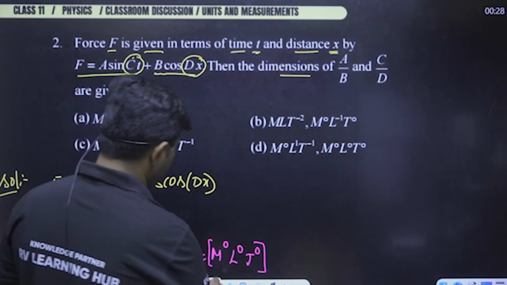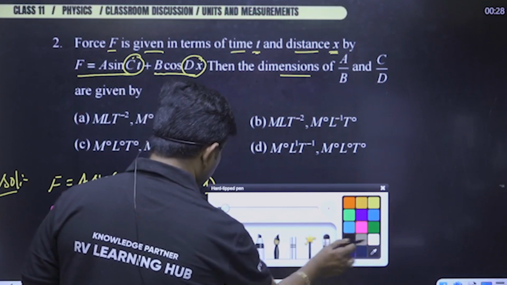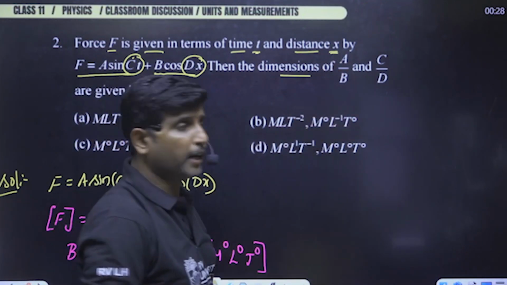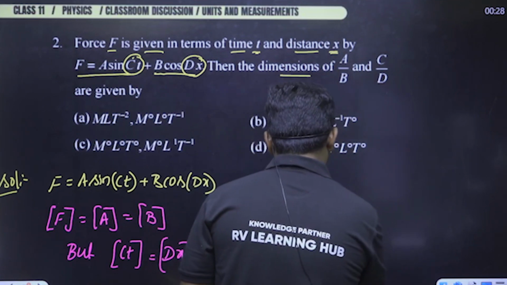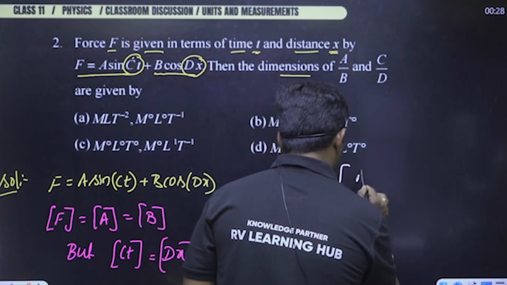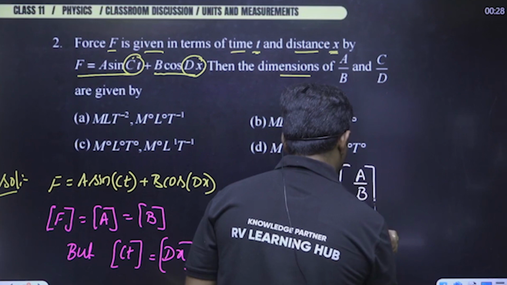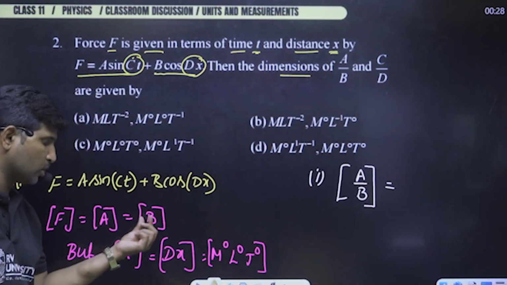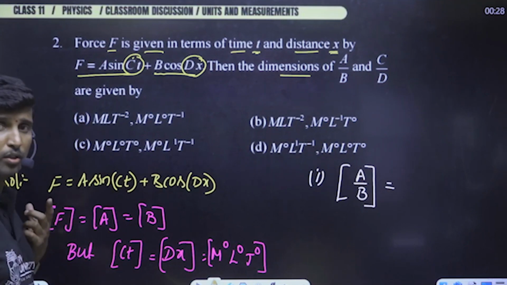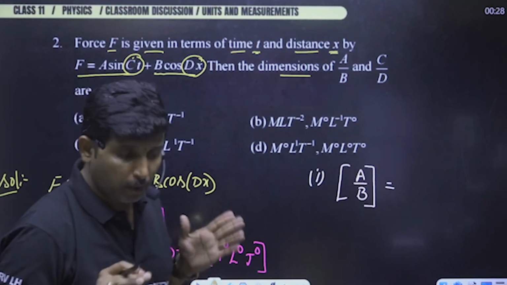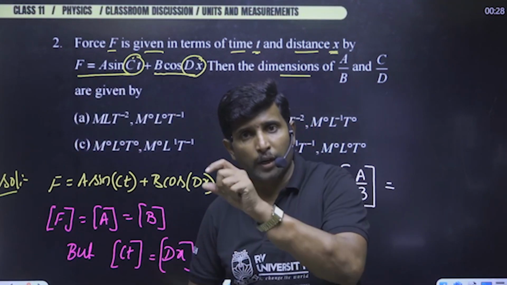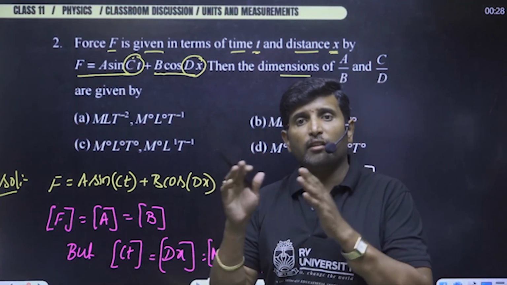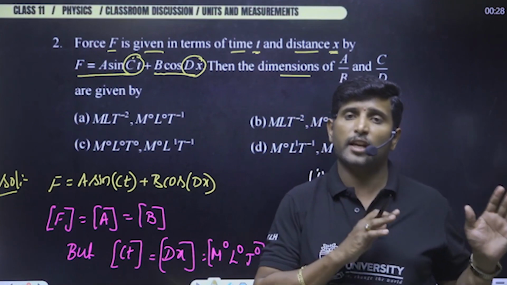Now, they are asking us to calculate the dimensions of a by b and c by d. First, let us calculate the dimensions of A by B. According to the principle of homogeneity, every term in a physical equation must possess the same dimension.